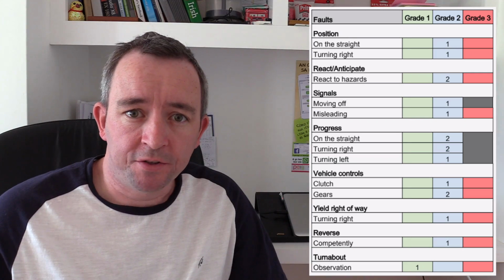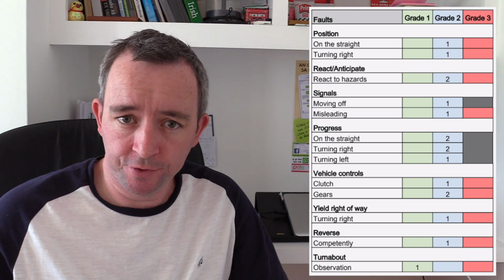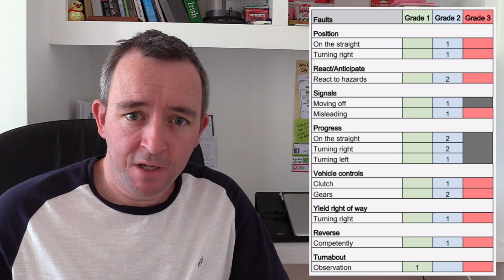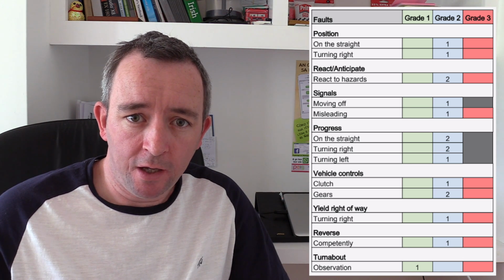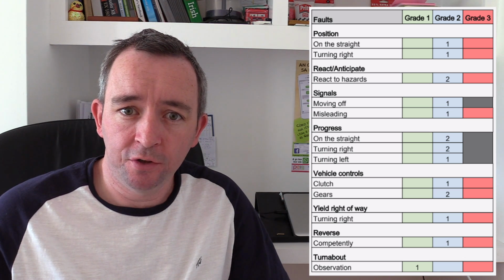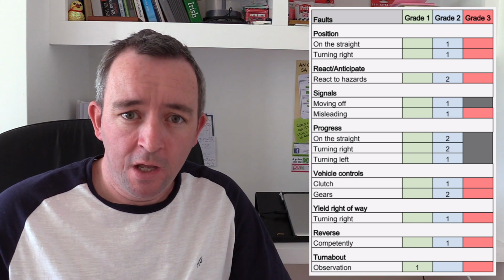There's also some marks here on the report sheet to do with clutch and gears. So 1 under clutch and 2 under gears. Let's start with clutch. It could be a wide variety of things. For example, perhaps the candidate coasted, which is overusing the clutch and keeping the clutch in too long.